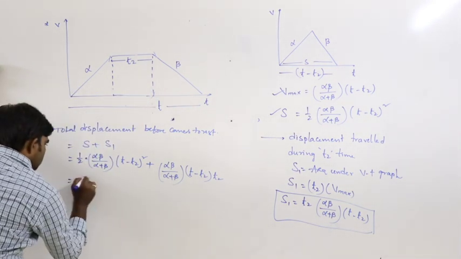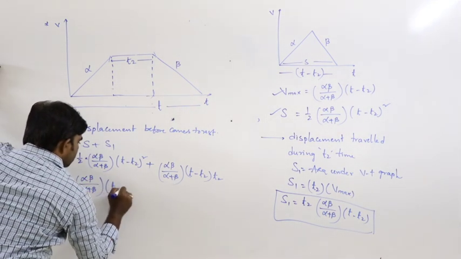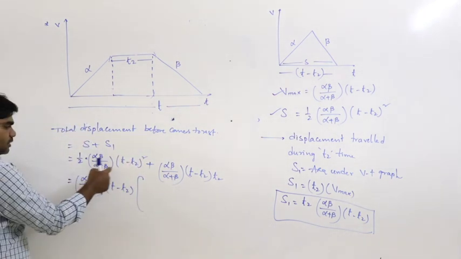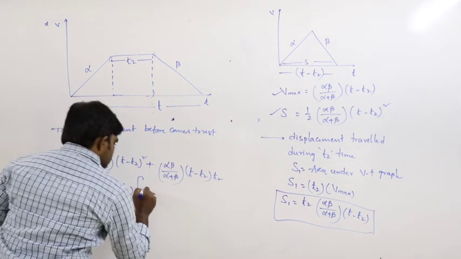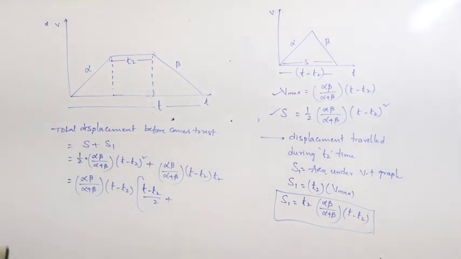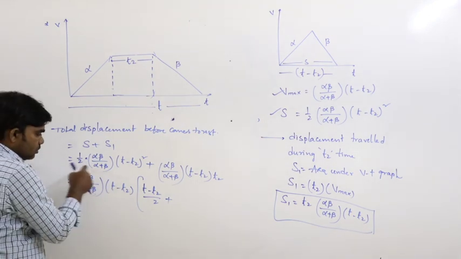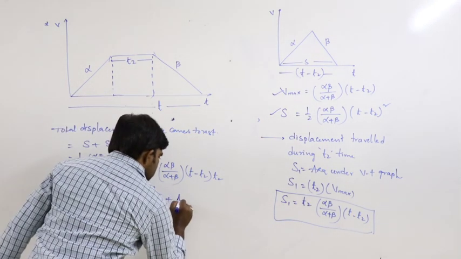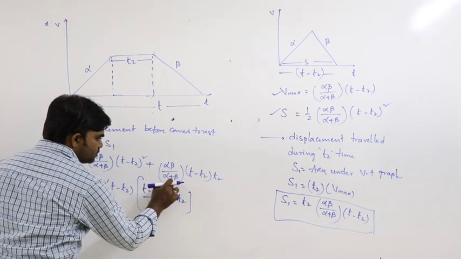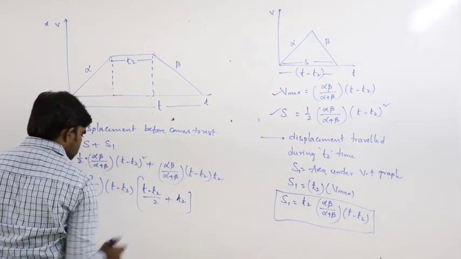Now here, alpha beta by alpha plus beta into T minus T2 is common. Here it is T minus T2 by 2 plus T2, since here T minus T2 whole square, so one T minus T2 is common. So here is half T minus T2 plus T2. This total term, alpha beta by alpha plus beta into T minus T2, is common, so the remaining value is T minus T2 by 2 plus T2.